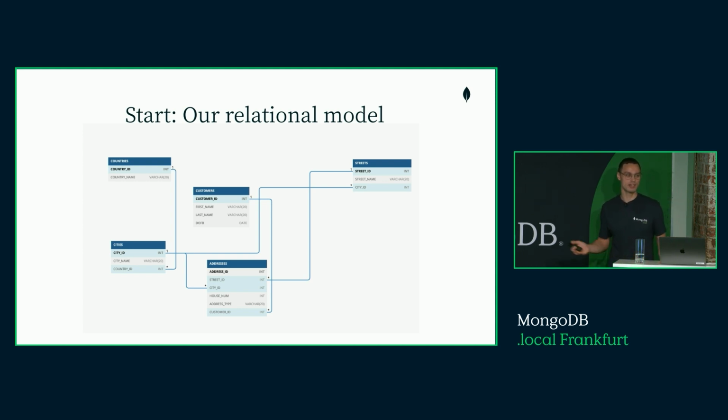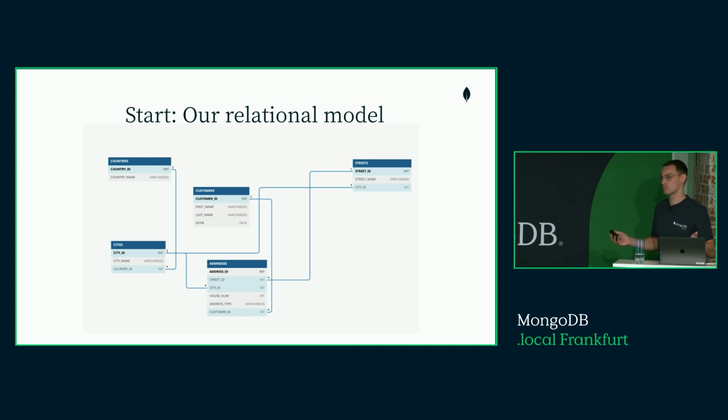We have an address table, streets table, cities table, and countries table, and we have put all this data into different tables. Every time we go from our application to our database, we have to do a join to get the customer object back and do something with it in our application.